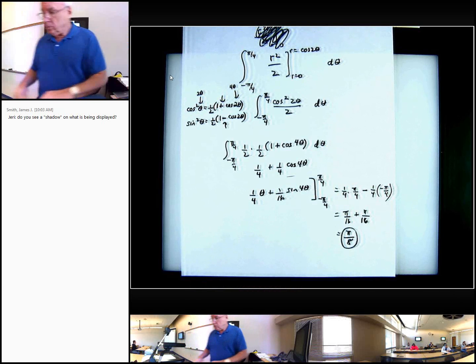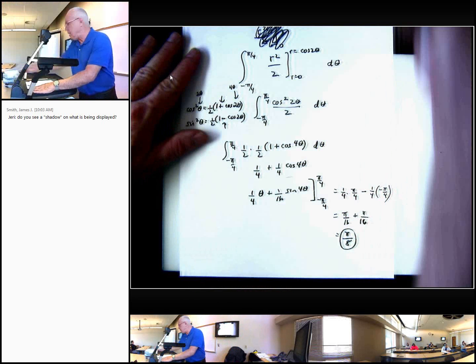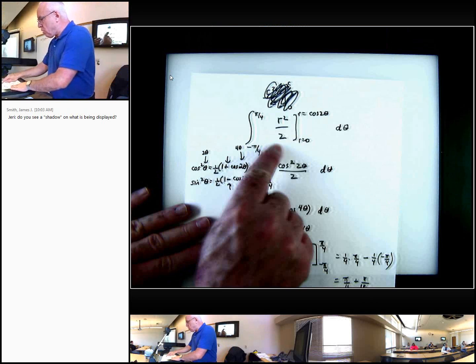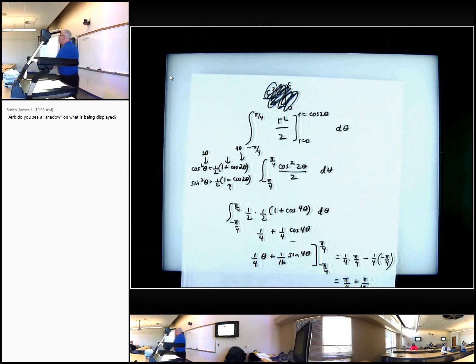Any question on this example here? This formula that we've got up here is actually the same formula. If you go back in the book to where we were doing these areas in the last semester, that 1/2 r squared, that's part of the formula.